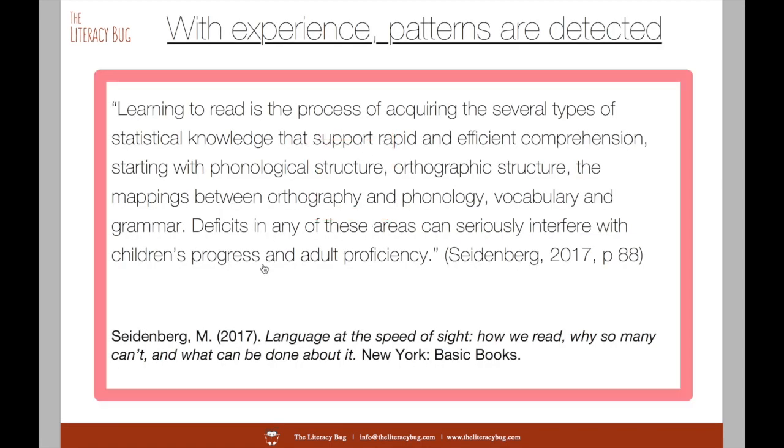So, learning to read is a process of acquiring several types of statistical knowledge that supports rapid and efficient comprehension, starting with the phonological structure of the language that I know, the orthographic structure of the letters and letter combinations that I am learning, and the mappings between orthography and phonology, joining those in order to recognize vocabulary, putting that vocabulary together by grammar to excitingly make statements about the world and also understand statements of the world.